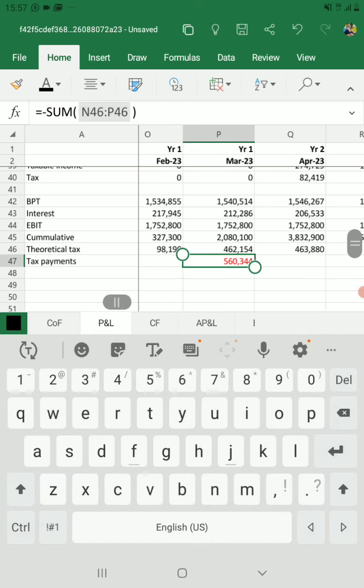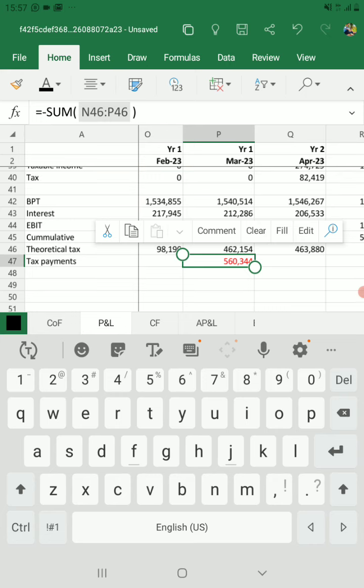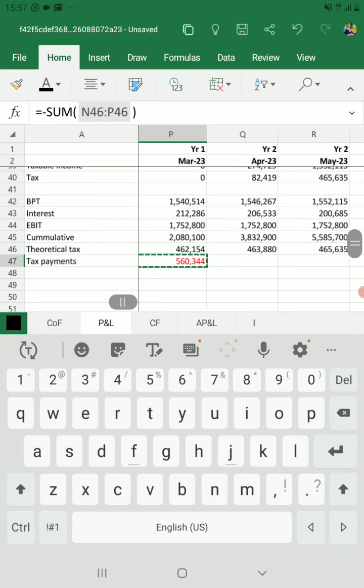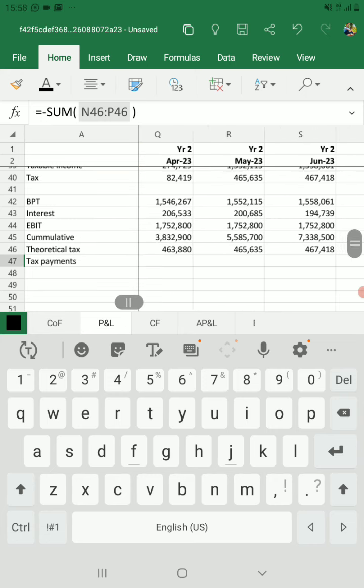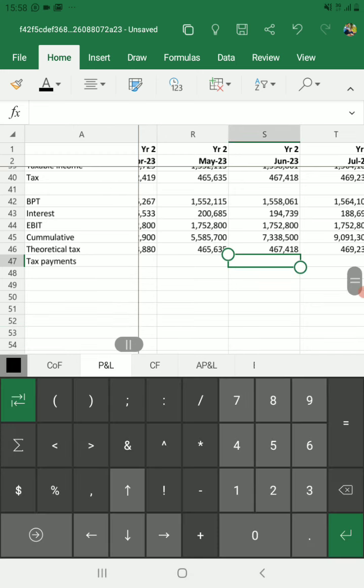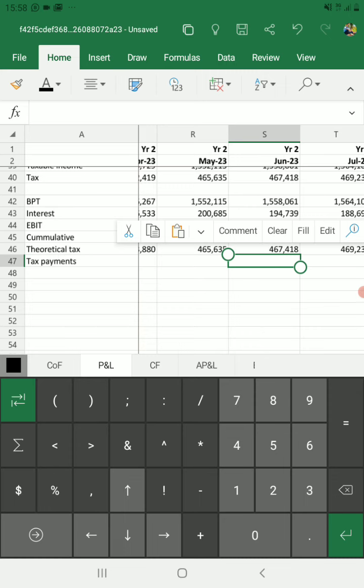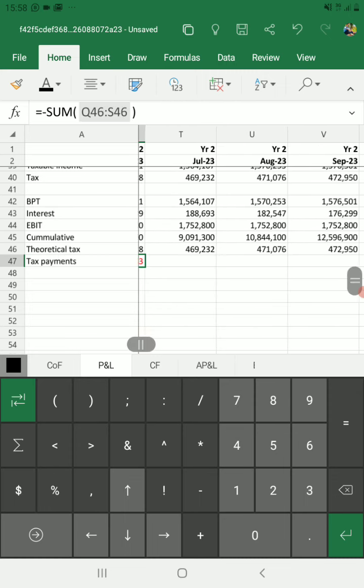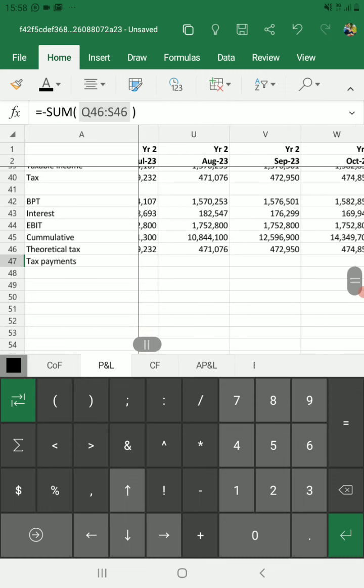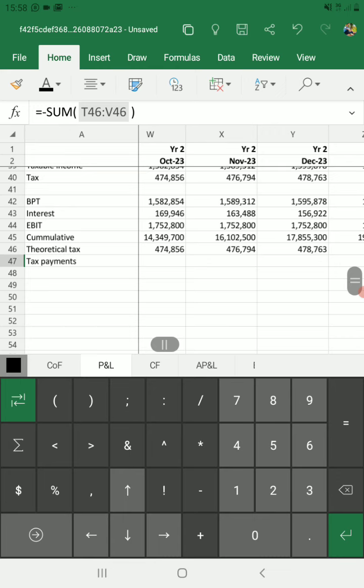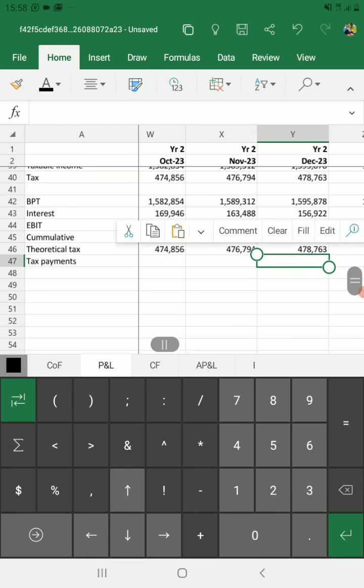Then I can copy this formula and paste it in March, the following in June, the second quarter, then in September, and then in December.